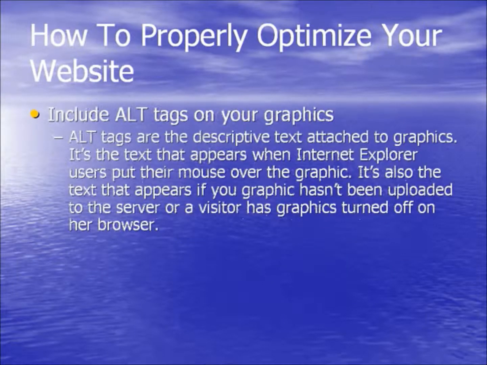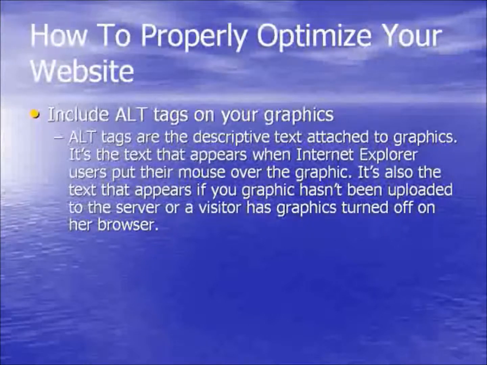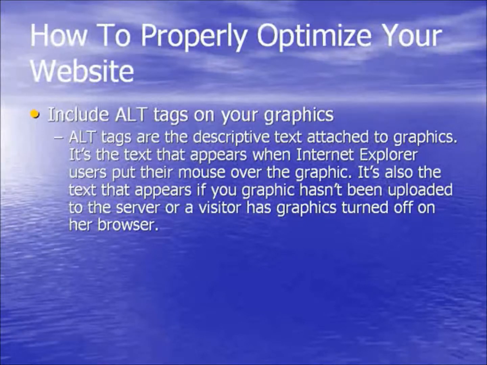Next we are going to have a look at alt tags and how they can make a difference to your search engine ranking. Basically, alt tags are the text that describes the images or graphics that you use on the web page. If you use alt tags, you should try to describe your image properly. So when the user moves their mouse on top of the image, they will see the text message appear.